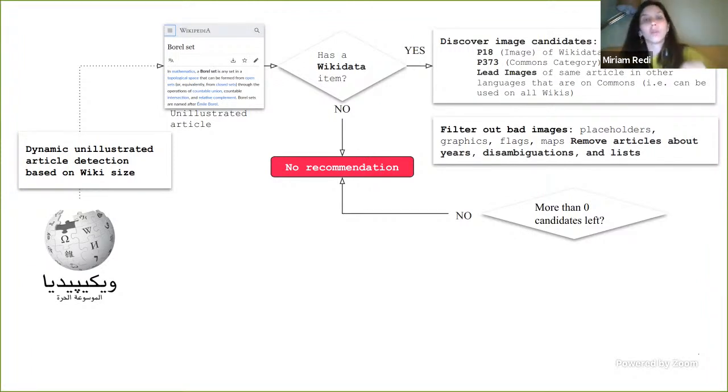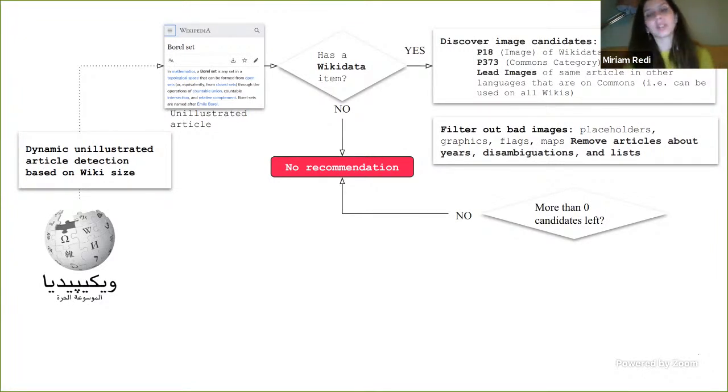And it is going to look for all articles in other languages that are linked to that Wikidata item. It is going to look for the lead images of the articles, so existing images, and collect this pool of candidates, and do some filtering to eliminate bad images that we don't want to see as part of the output of this algorithm.